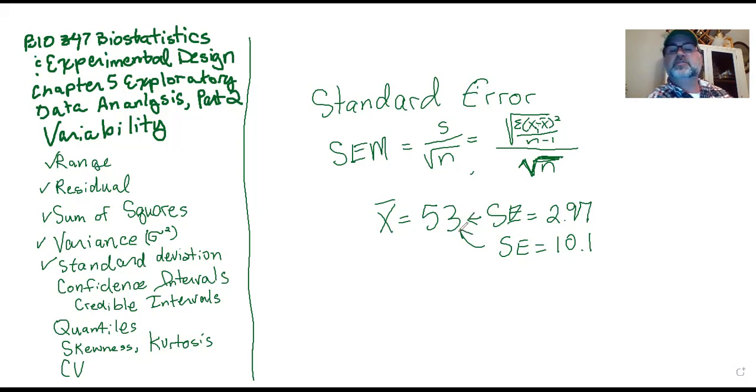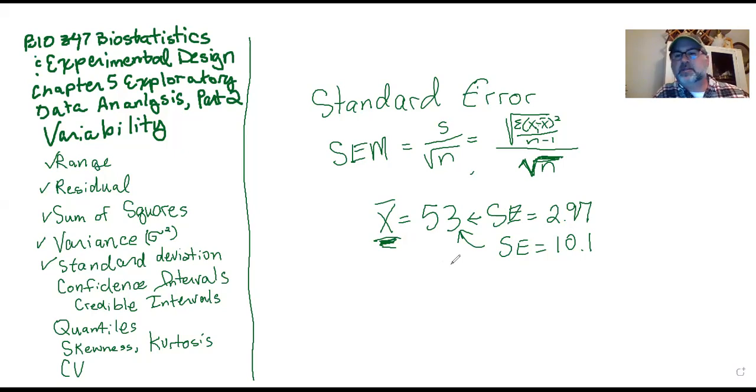But if our standard error is much larger, then our estimate of the mean, not the shape of the data, is falling with the same confidence level between 43 and 63, which is a much larger range. So the standard error is basically telling you how good your measurement is.